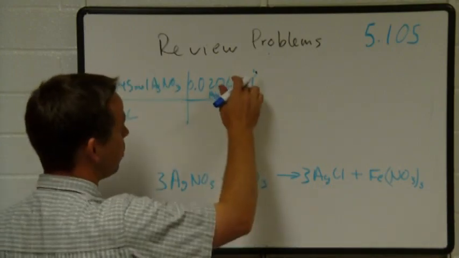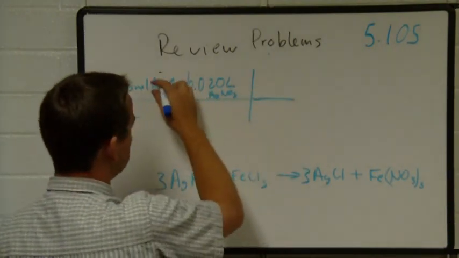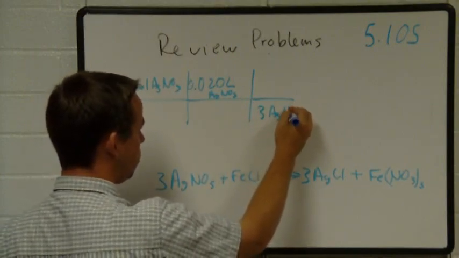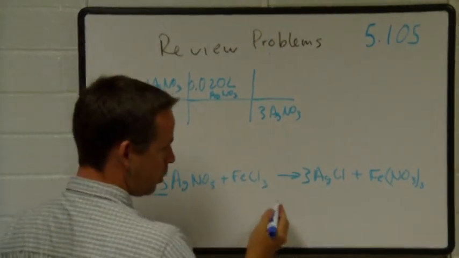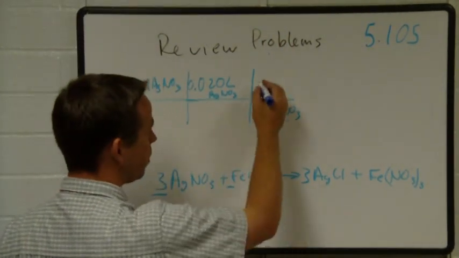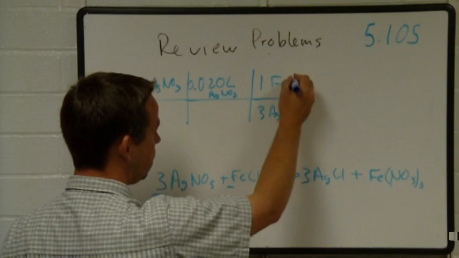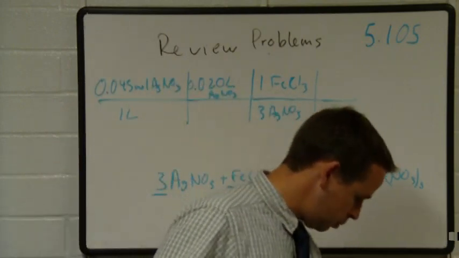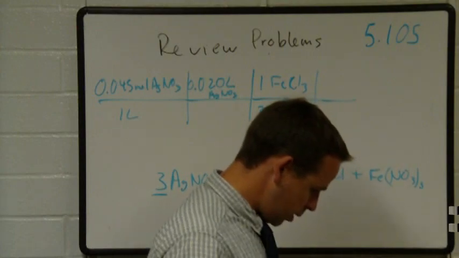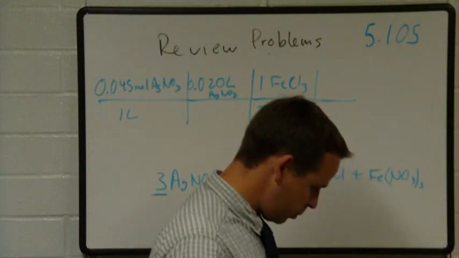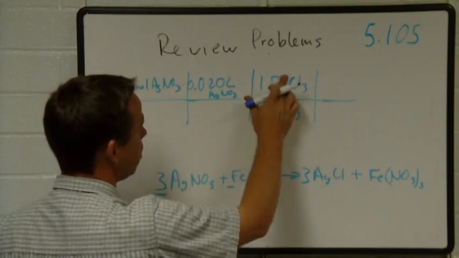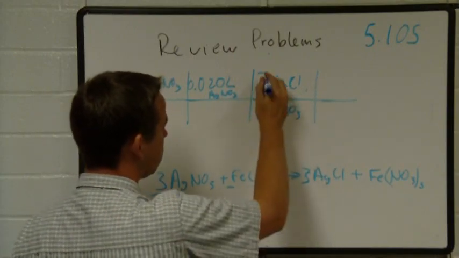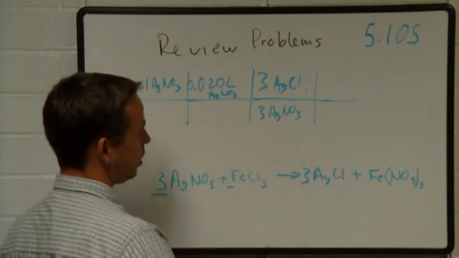All right, so we're in moles of AgNO3 right now, and for every 3 moles of AgNO3, how many moles of FeCl3 are we going to need? We're going to need just 1 mole of FeCl3. Oh, sorry, I was going after the iron chloride, but we want to know how many moles of silver chloride. Well, it's a 1-to-1 ratio, or 3-to-3.